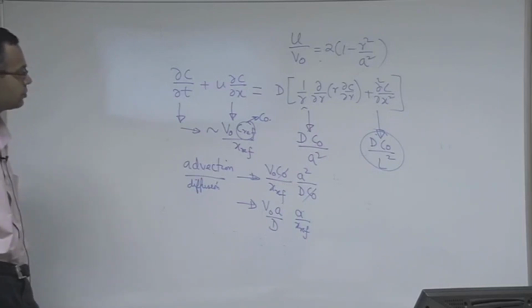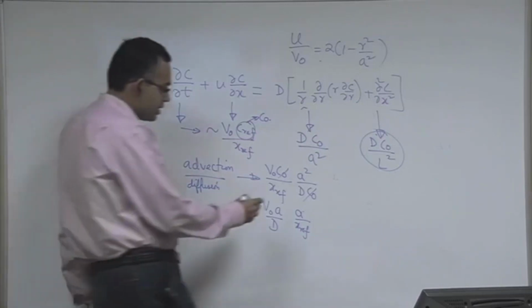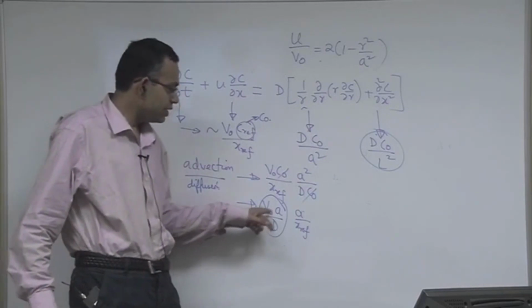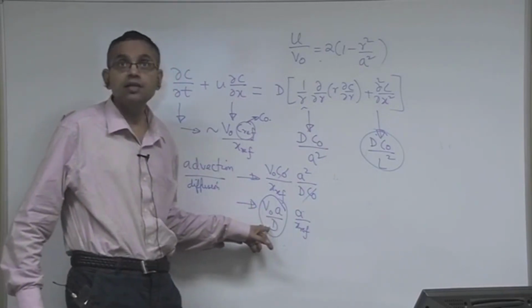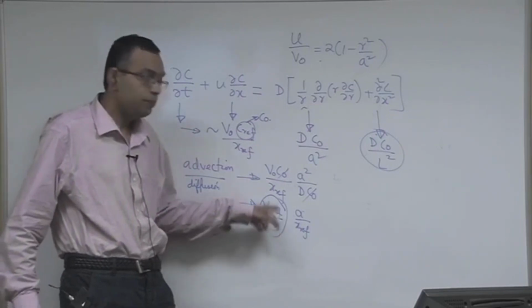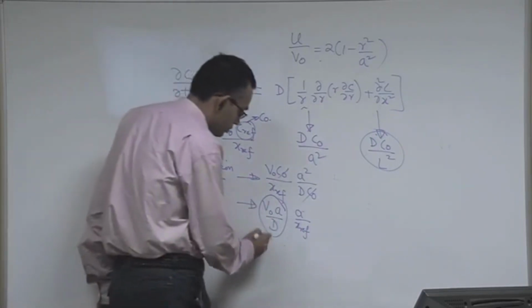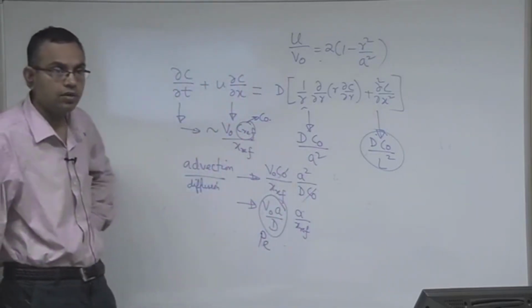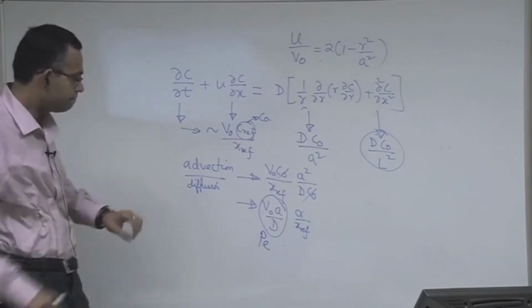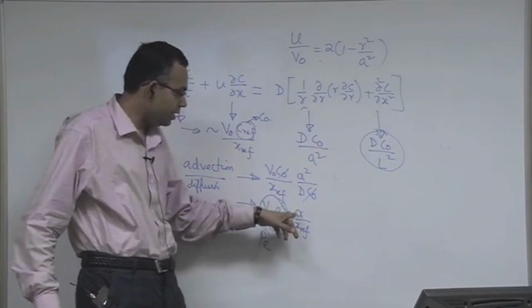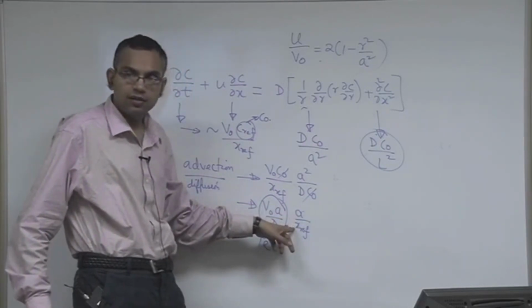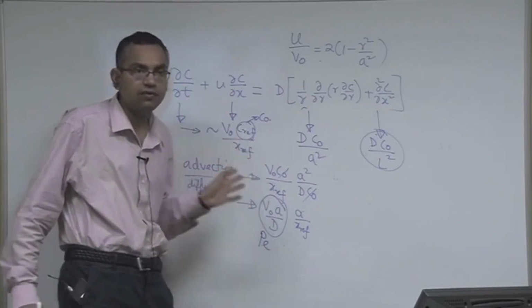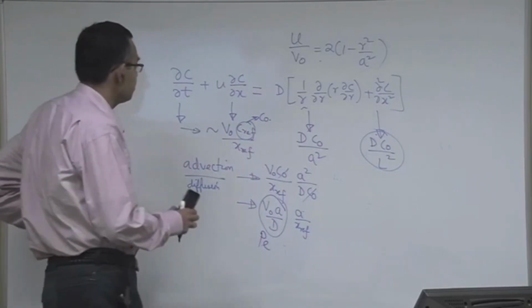So this parameter V0 a by D is called the Peclet number. So we can write that this is the Peclet number into a by x reference, and the physical meaning of the Peclet number is that it represents the ratio of the advection strength to the diffusion strength.